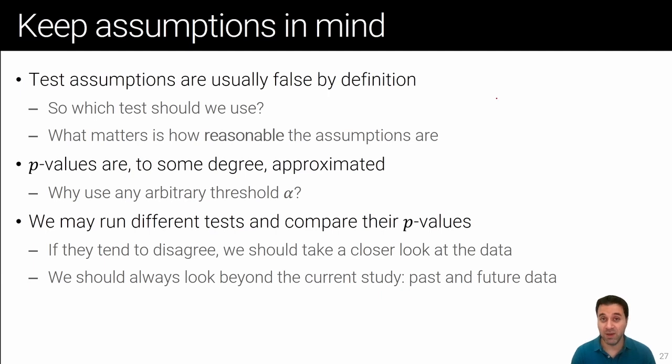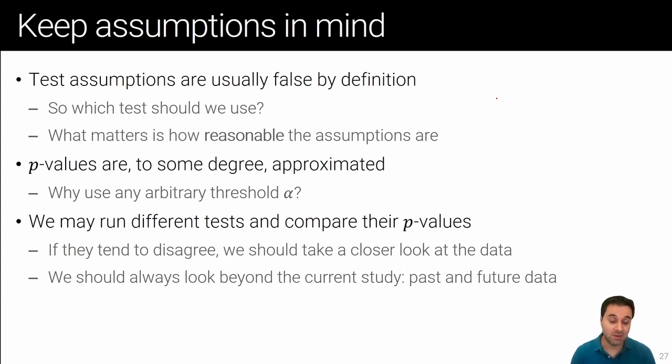Because if we get very picky, our data doesn't meet the assumptions of any test. What matters is how reasonable those assumptions are. It's not whether our data is Gaussian or not, it's about how much it looks like a Gaussian distribution, especially around the extremes, which is what we're testing anyway. So we have to be reasonable and a little bit flexible about this, not be very picky and say, no, it's not Gaussian and that's it. Well, maybe it's close to Gaussian and it's good enough.